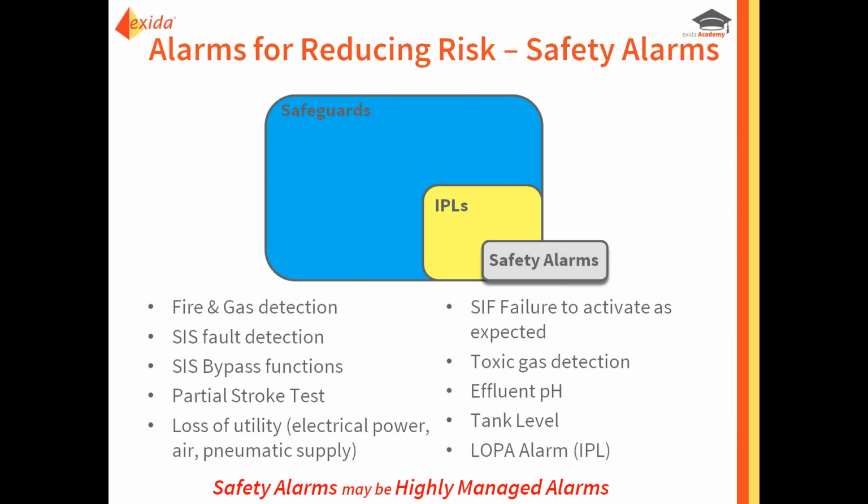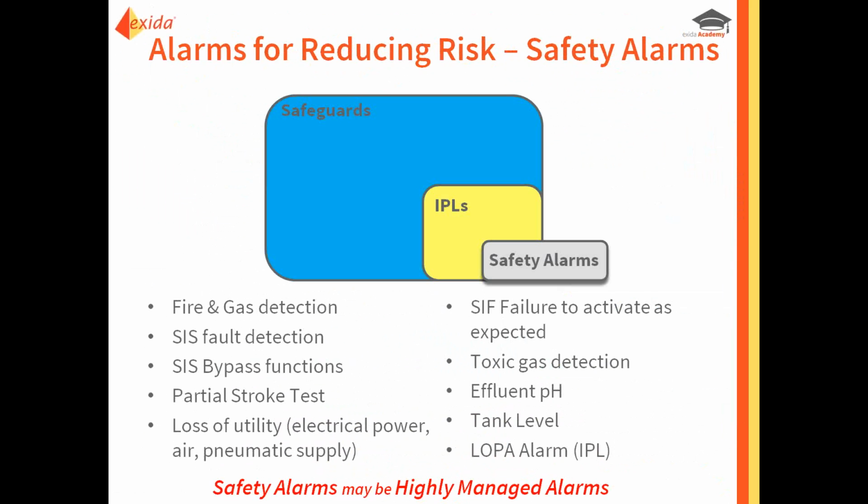SIS bypass functions, are those safety alarms? You'd have to think about whether they really qualify. Partial stroke tests. Loss of key utilities doesn't necessarily sound like a safety situation, but certainly it could lead to problems in your process if you lose your instrument air or your electrical power.